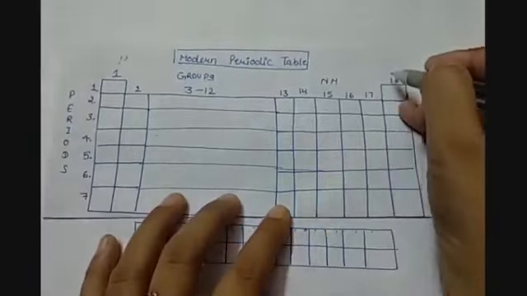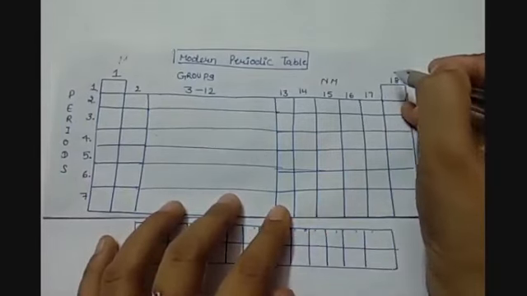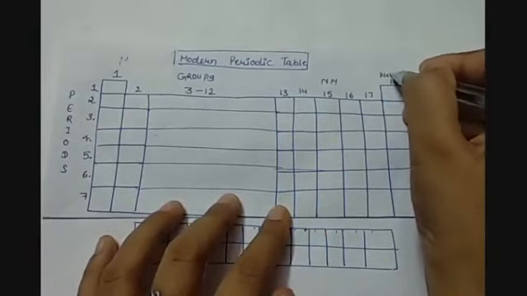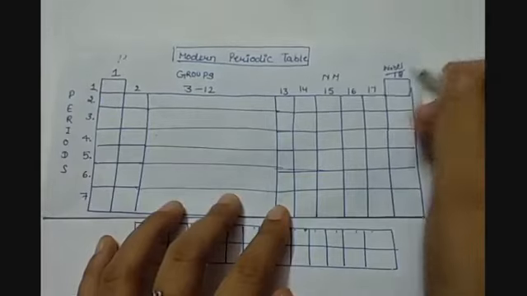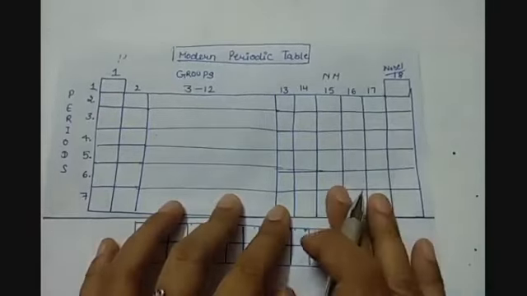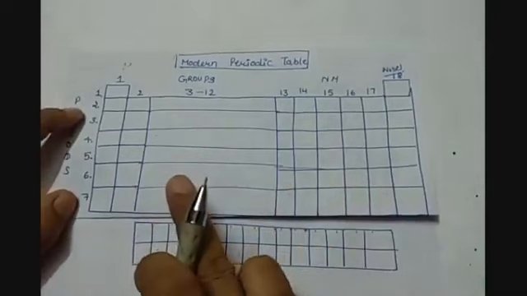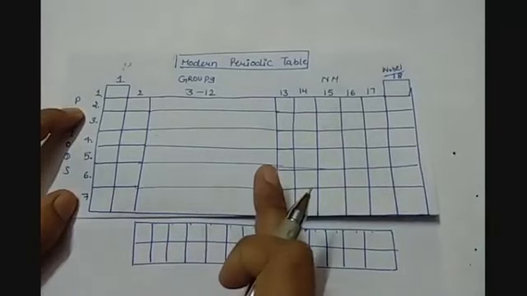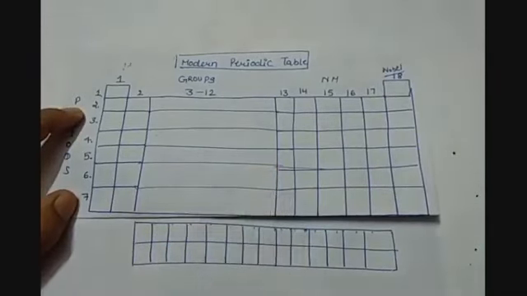And at the extreme right, in the 18th group, we have the noble gases. Then from group 3 to 12, we have the transition elements.